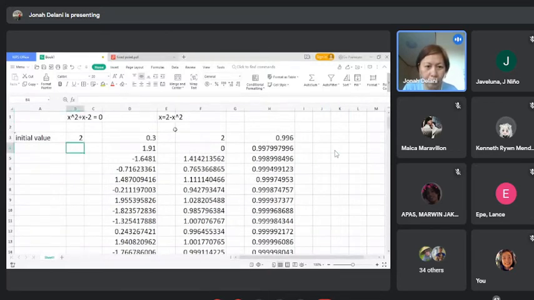So I will use the fixed point form, x equals 2 minus x squared. So the formula equals 2 minus, substituting to my x, 2 minus x squared.